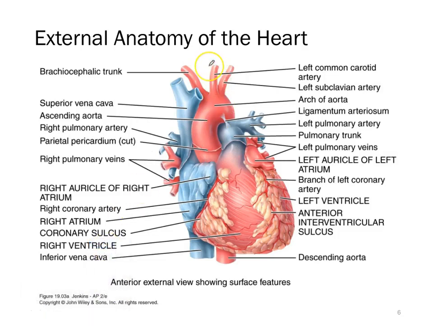All right. So we have a few technical definitions for artery and vein. Well, not a few, just one for each. An artery is going to be a blood vessel that takes blood away from the heart.